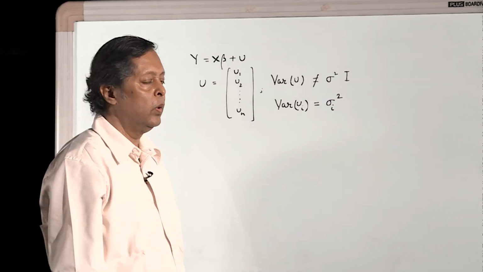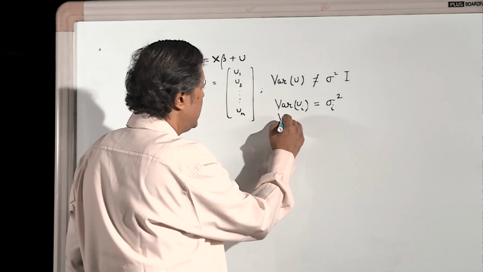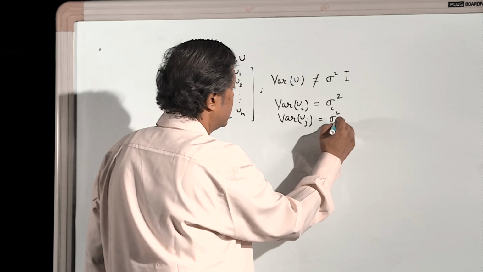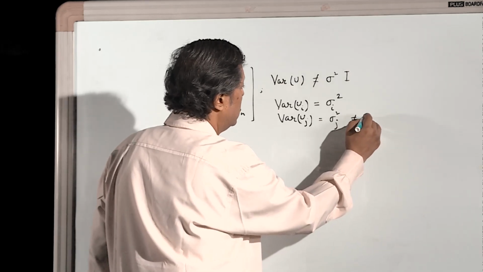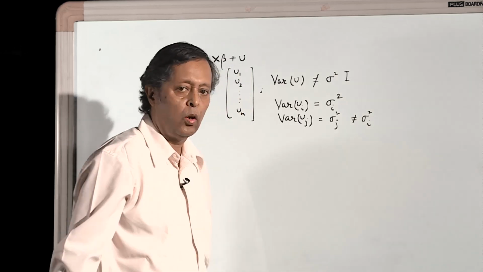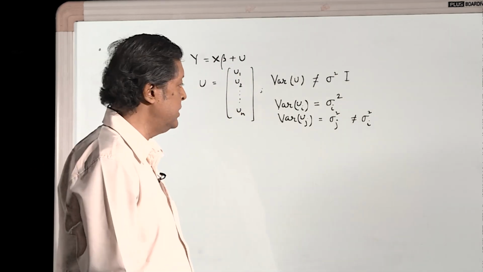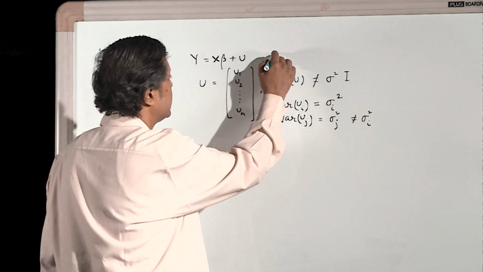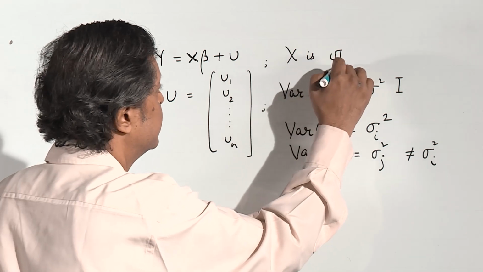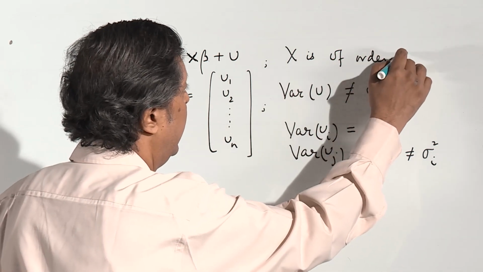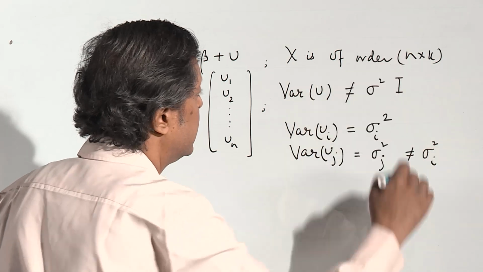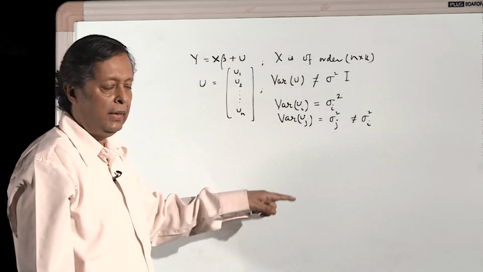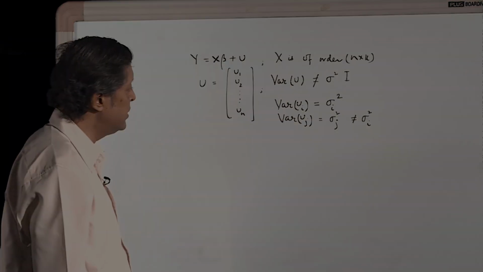So, that is unequal variance. Variance of uj will be sigma j square, that is not equal to sigma i square. That is the basic concept of heteroskedasticity. And as you can see, this is the k variable model where X is of order n cross k. So, this is the classical linear regression model, the k variable model, and we are incorporating heteroskedasticity.